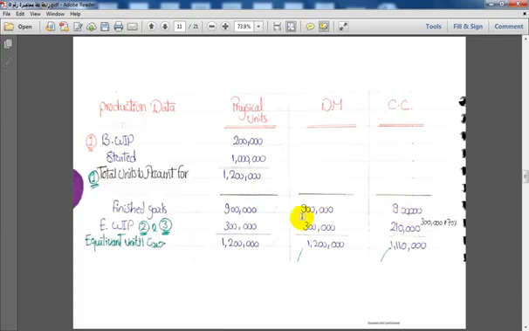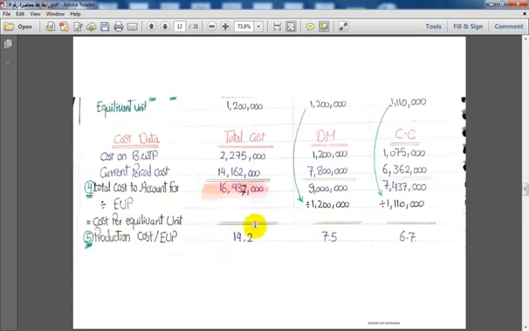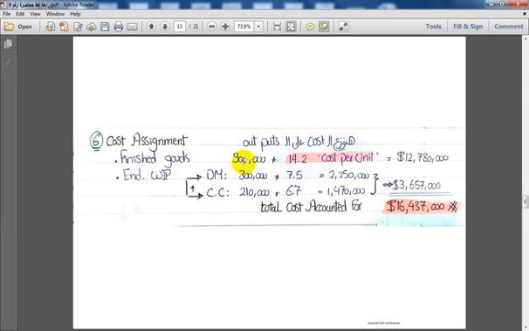So we can take 900,000 as a common factor times the total cost per equivalent unit. 900,000 times 14.2 equal 12,780,000.